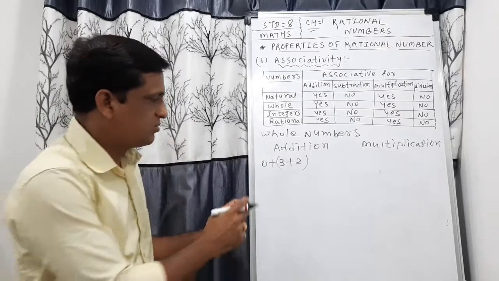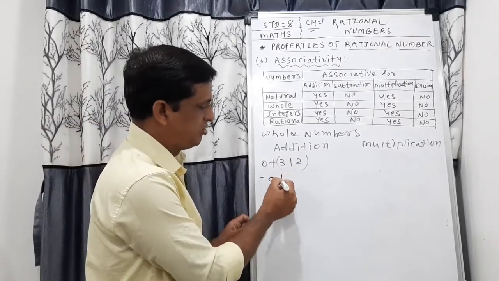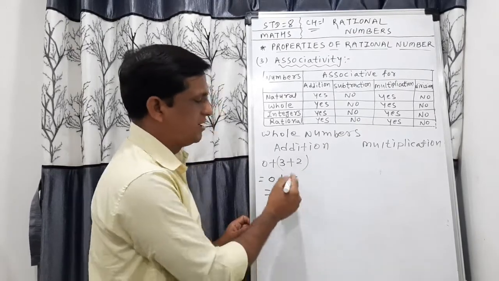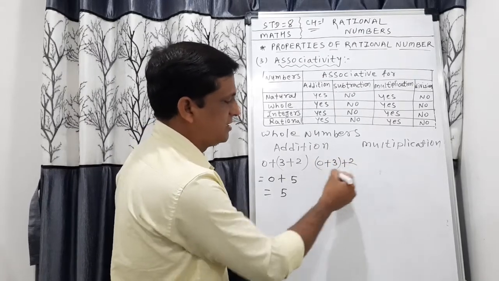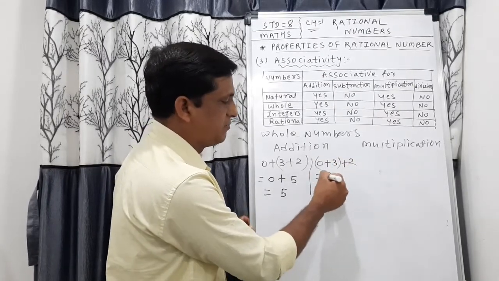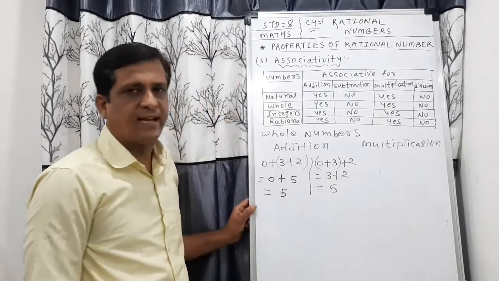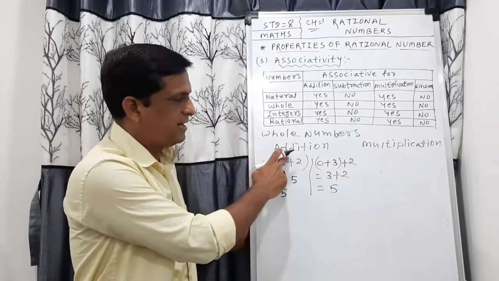Suppose we take the group of 3 and 2, then simplification is 0 plus 5 is equal to 5. Now I am making a group of 0 and 3, then 0 plus 3 is equal to 3 plus 2, that is also 5. So we can say that whole numbers are associative for addition.